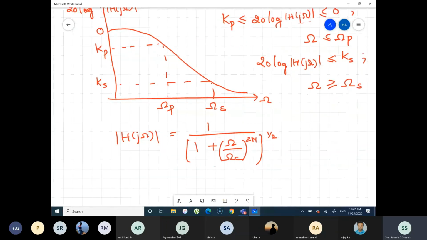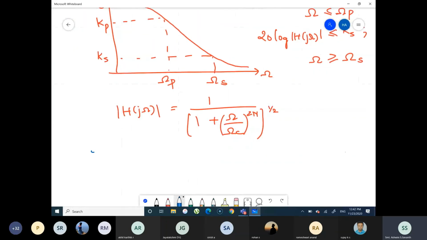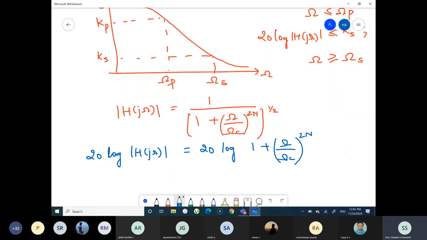So if I take 20 log to base 10 on both sides, it will be equal to 20 log of, so if I write this in the numerator, the term which we have here in the denominator, 1 plus omega by omega c to the power 2n, it will be minus 1 by 2, isn't it?